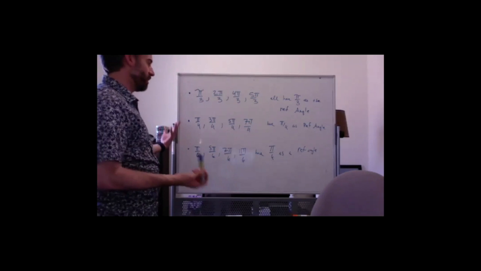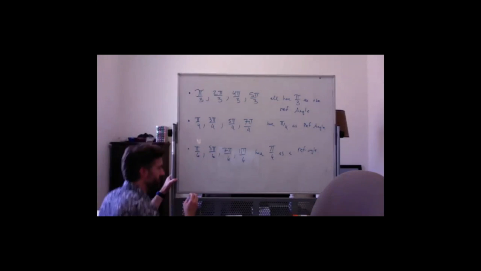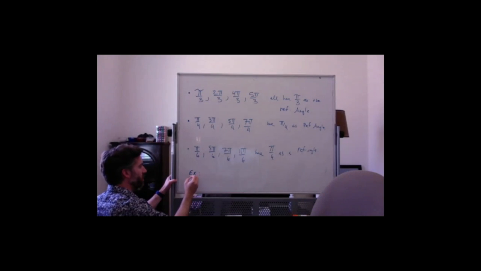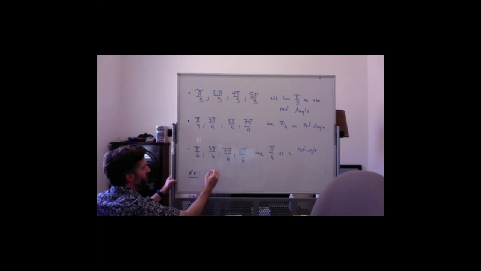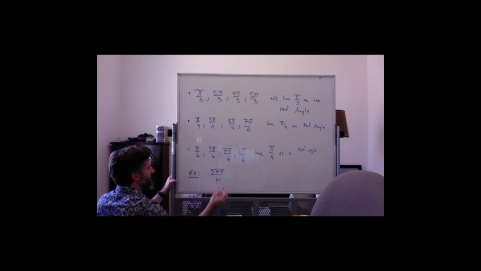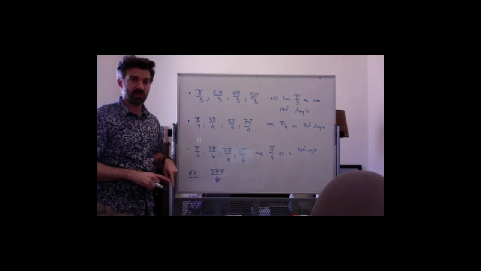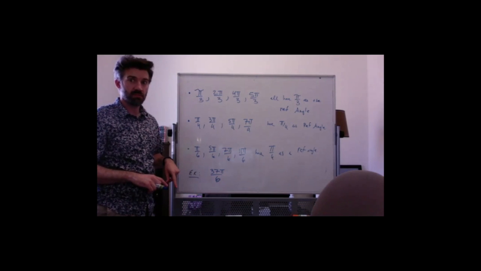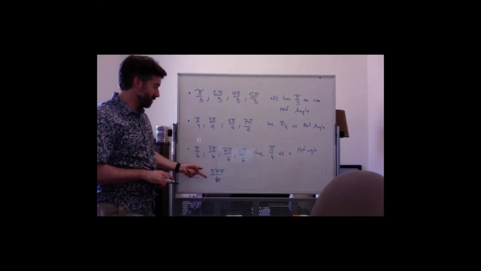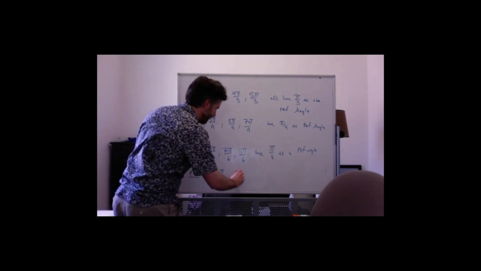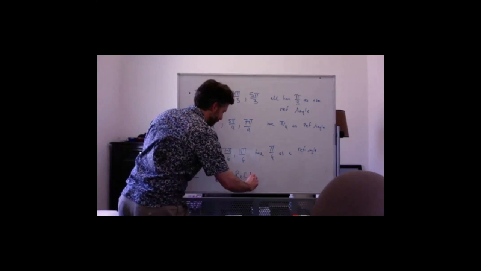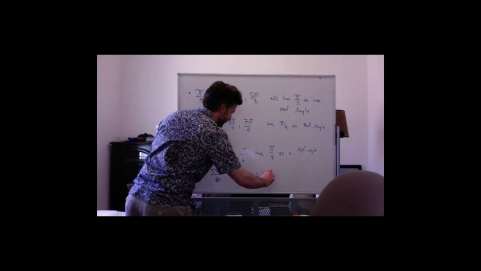But if I give you something that's more than a whole revolution, like, I don't know, 37 pi over 6, does 37 pi over 6 reduce? No. So since it doesn't reduce, I know automatically the reference angle is pi over 6.